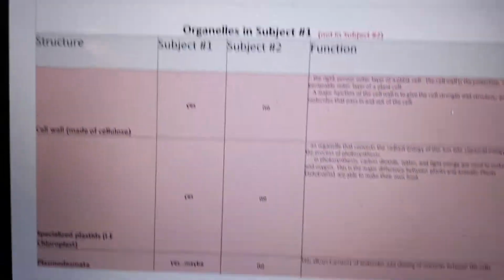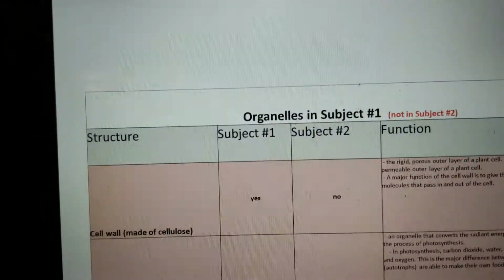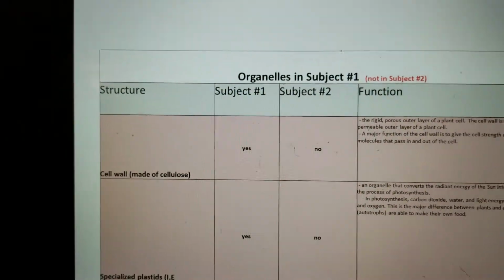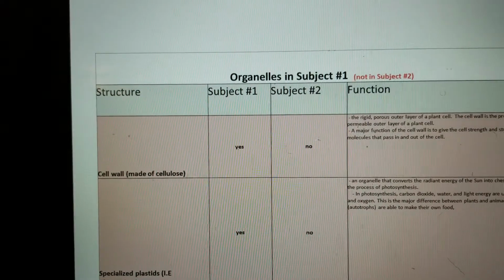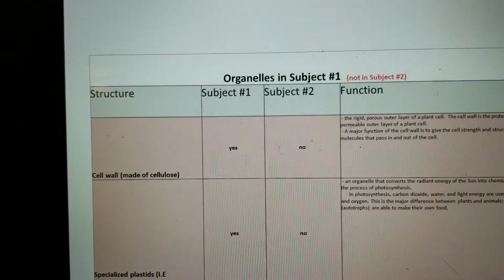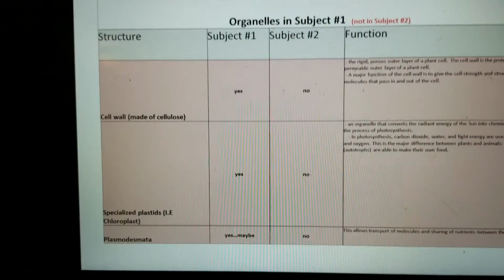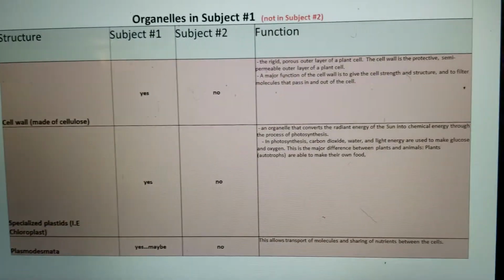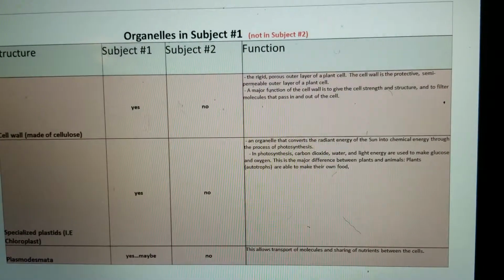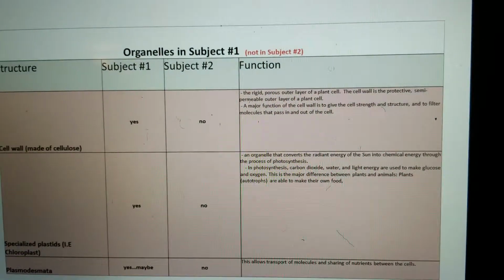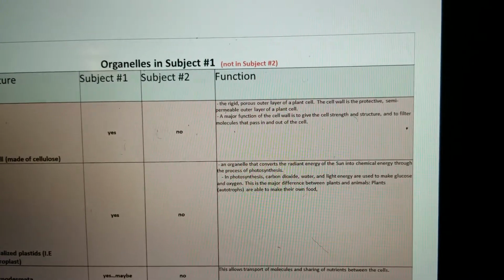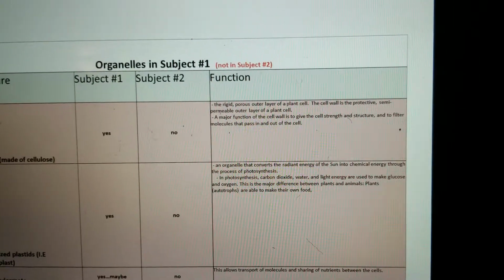Okay, let's move on. So now we're going to look at organelles in subject 1 that are not found in subject 2. These are the cell wall, which is made of cellulose, and chloroplasts, which are organelles that convert the energy of the sun into energy for the cell through photosynthesis.